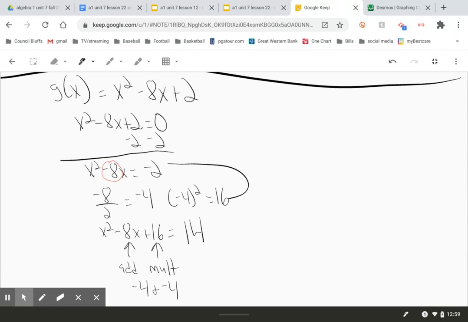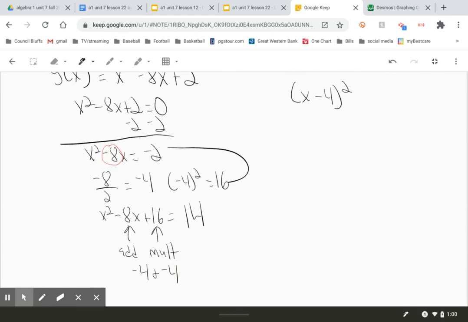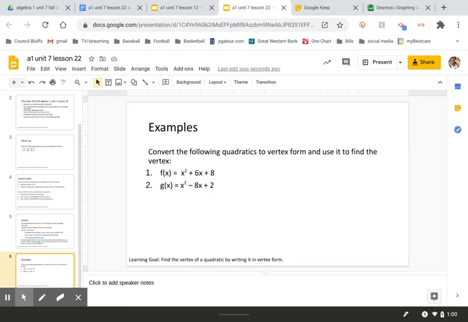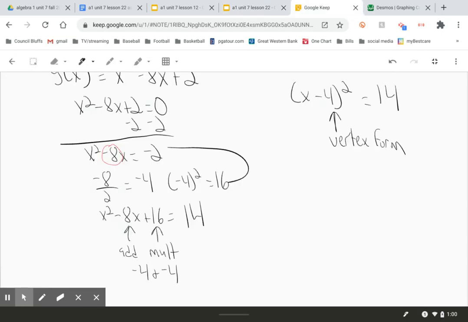So my factored form is going to be x minus 4 twice, equals 14. Okay, so once again, this right here is the vertex form, because we follow the steps for completing the square until it's in factored form. So we stop there. That's the vertex form.